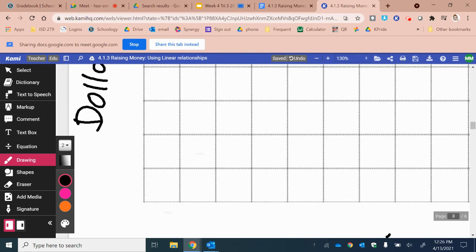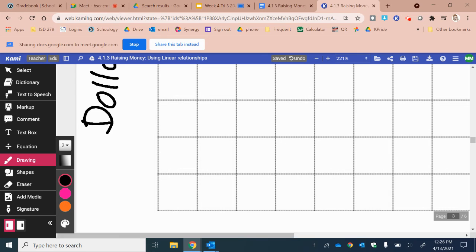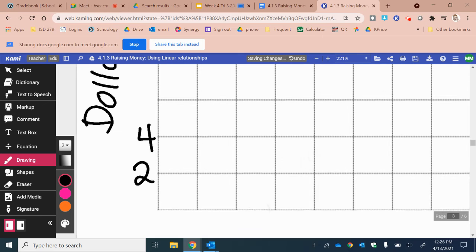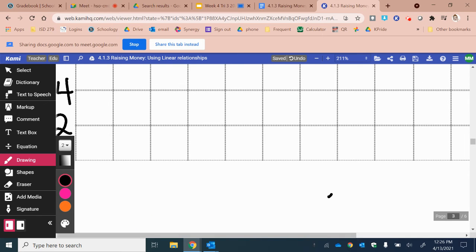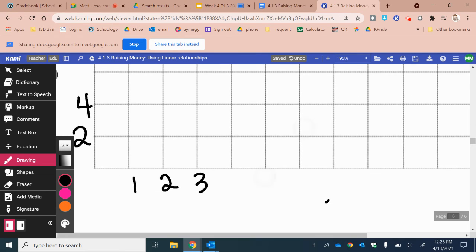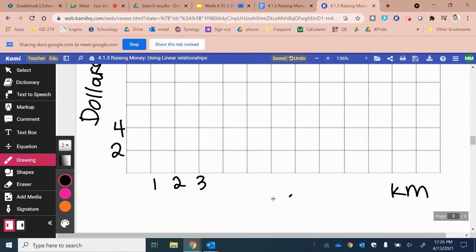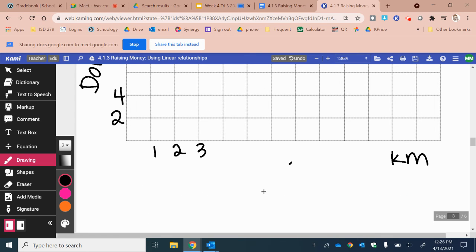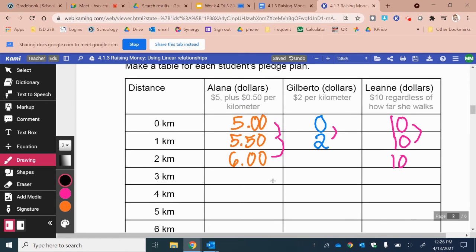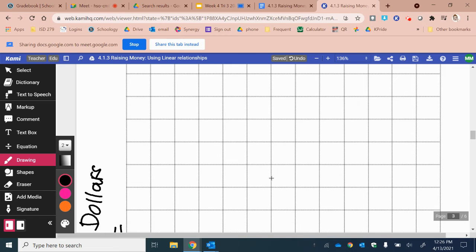I would say for the dollars, because you should be going up to at least $12, I would say try going by 2s on this one so you can get everything to fit. And then on the x-axis, I would just go by 1 block for each one of those. And then just graph each of the points from above in a different color. It may help to color code in your table like I did. But that's up to you.